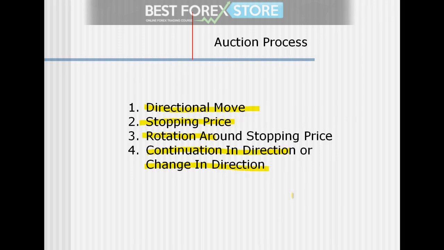When we have a trend, the probability always favors continuation in the direction of the trend. Now, the probability favors, so there's no guarantee, there's never any kind of guarantee in the market, but certainly there is a greater probability that we're going to continue to move in the direction.